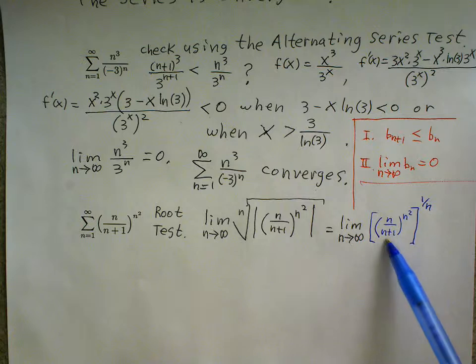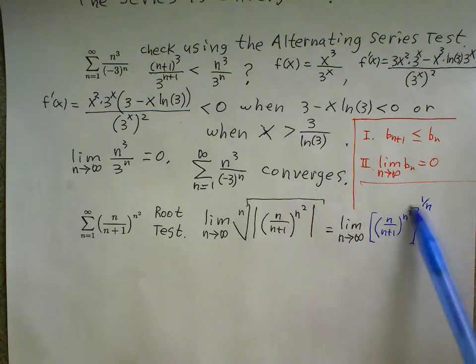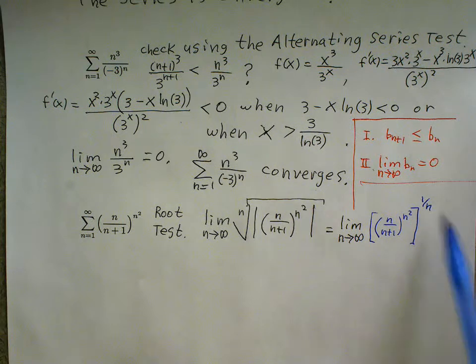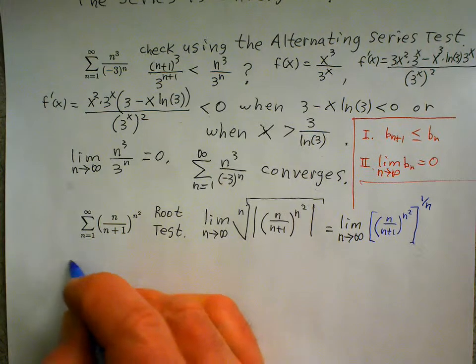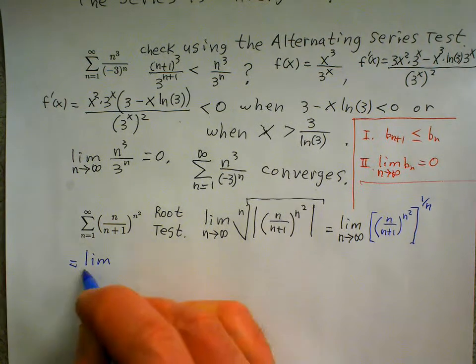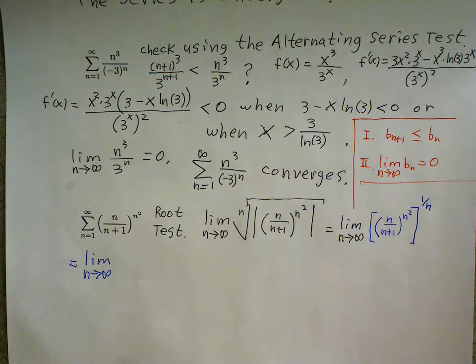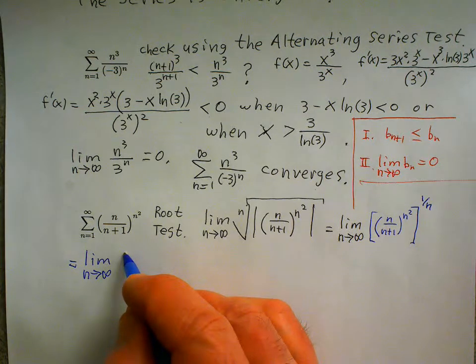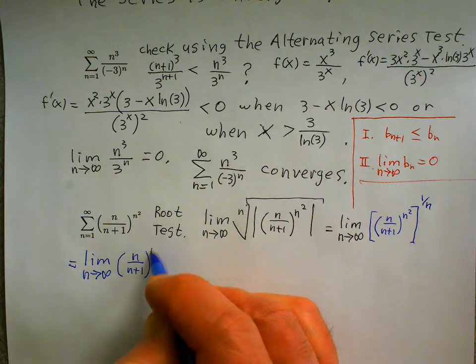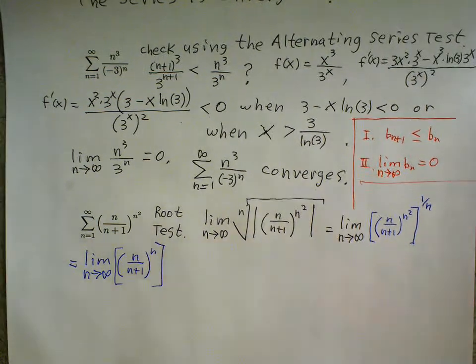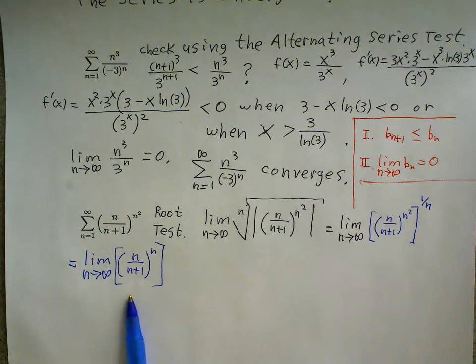If we have something raised to an exponent, and that entire expression is raised to an exponent, we can multiply those exponents. So n to the second times 1 over n is n to the second over n, or n. So this becomes the limit as n approaches infinity of n over n plus 1 to the n.